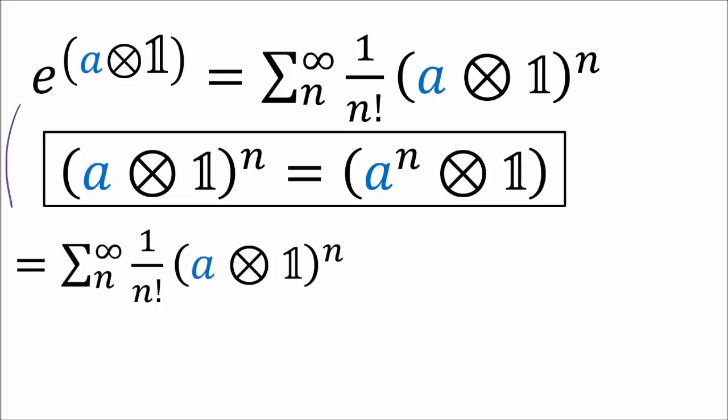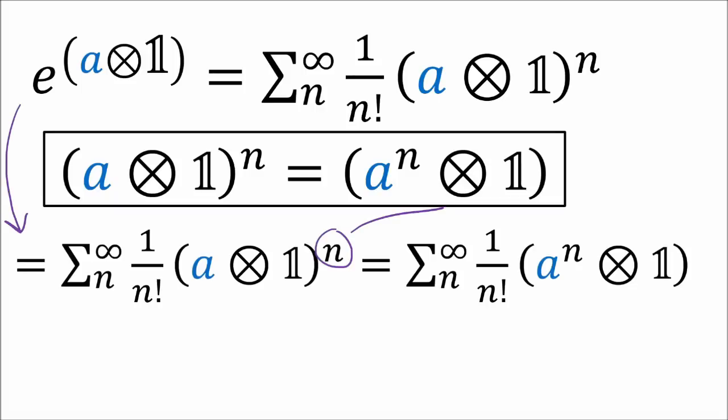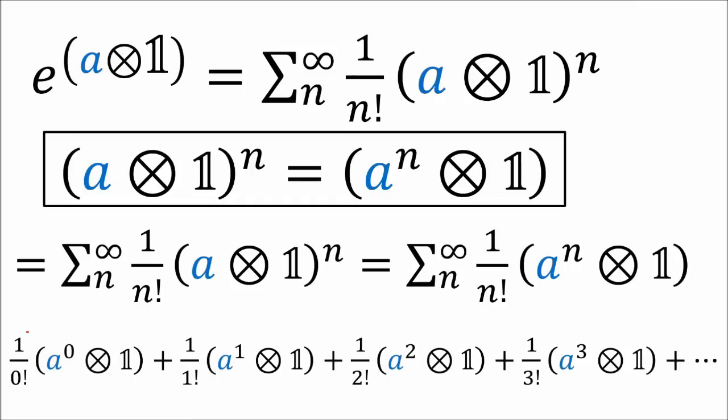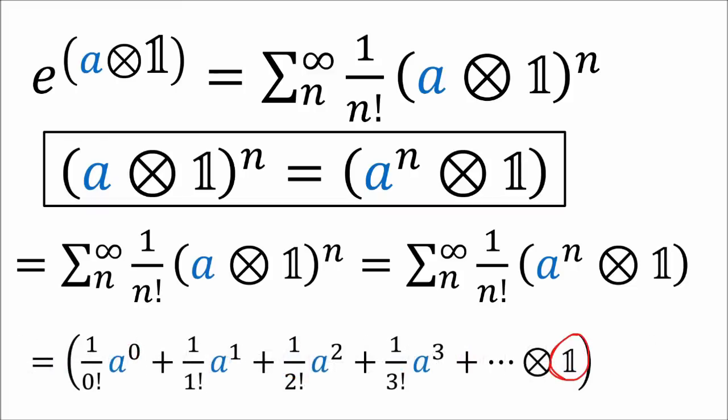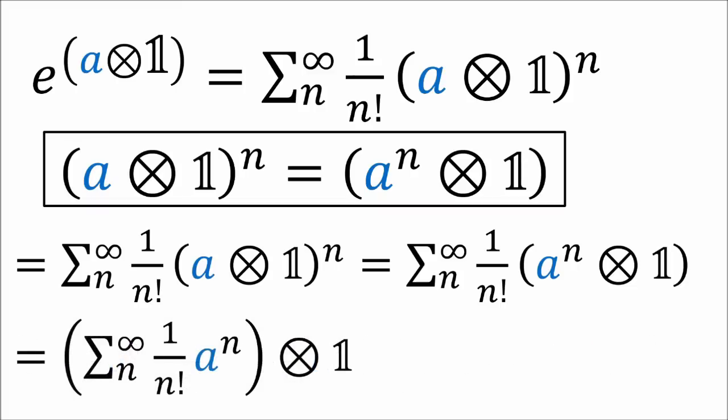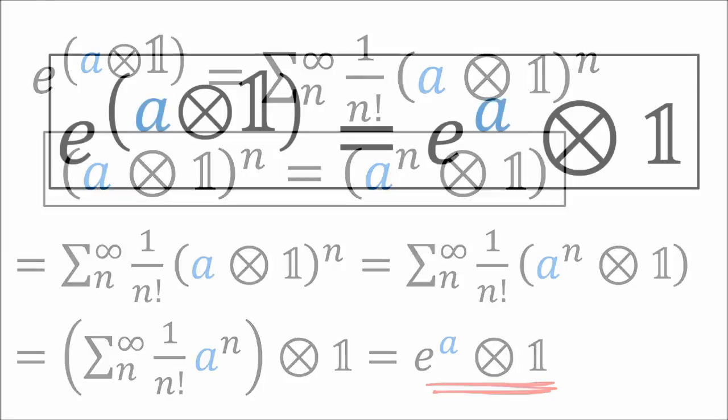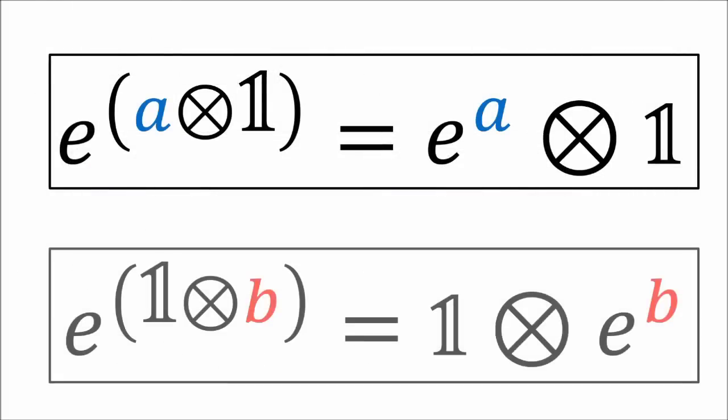This means that in our exponential series, we can move the exponent to the A, then use the tensor product rules to apply the scalars to the A, and also factor out the identity from the right in all terms in the sum. So we end up with an exponential series tensored with the identity, which means the whole thing is equal to e to the A tensor identity. We get a similar expression for the exponential of identity tensor B.